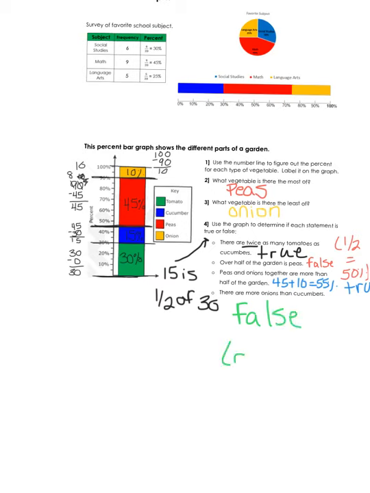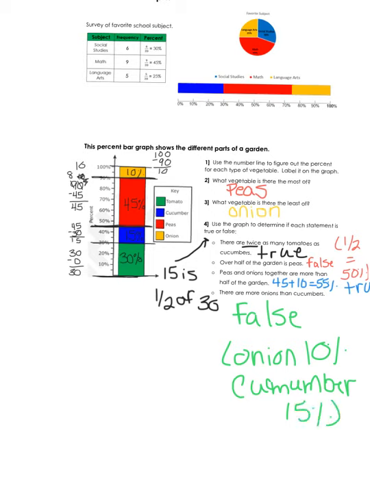Because onions are 10% and cucumbers are 15%. So that's a false statement. Now, had I not done my math and I was just eyeballing it, I might have gotten the answer wrong. But because I did my math, it was easier to tell.